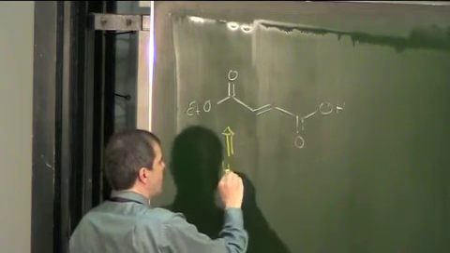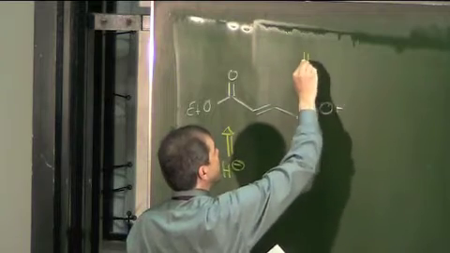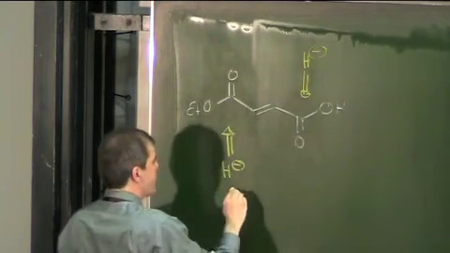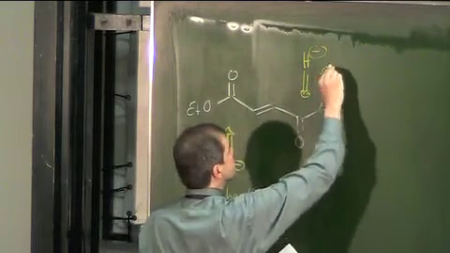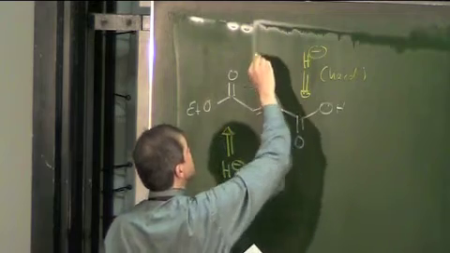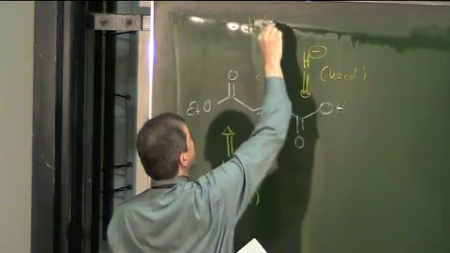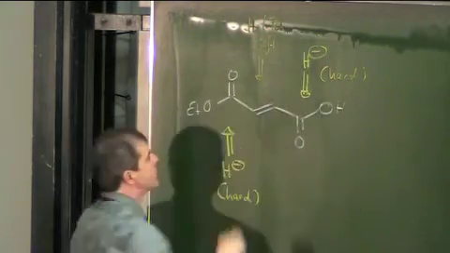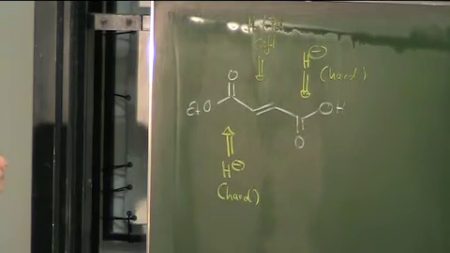So of course, hard reducing agents should go here. Soft reducing agents should preferentially hydrogenate the double bond.